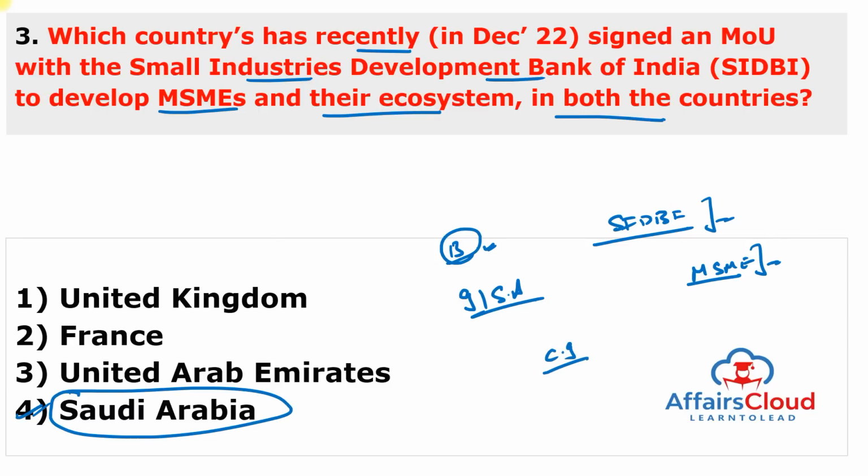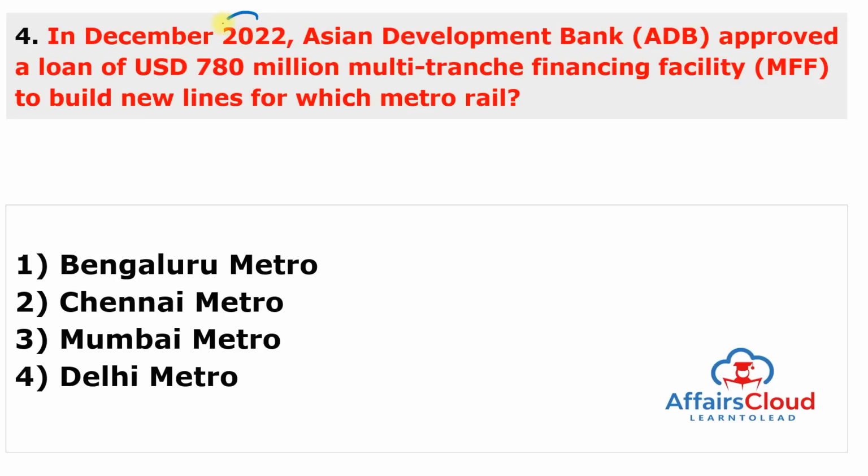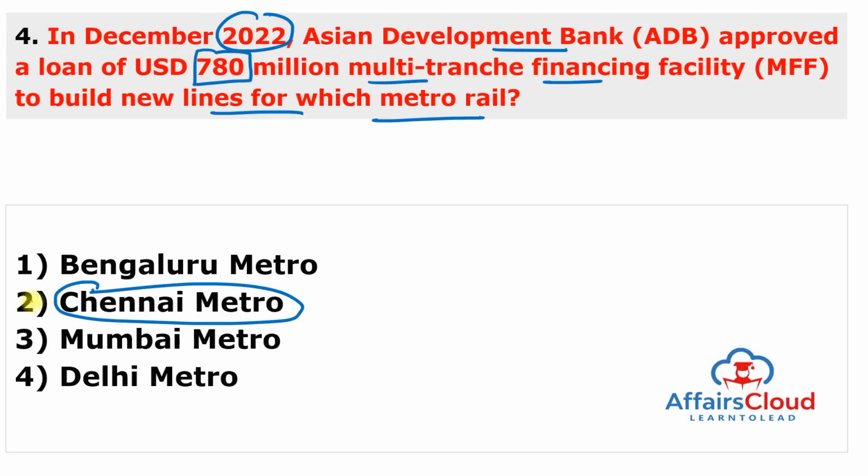Moving to next question. In December 2022, Asian Development Bank or ADB approved a loan of $780 million, which is a multi-tranche financing facility to build new lines for which metro rail? And this is for the Chennai Metro Rail. Answer of this question is second.